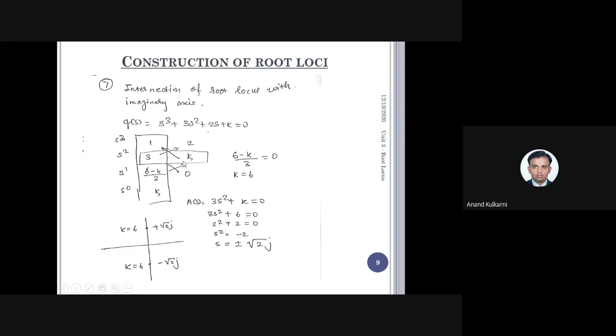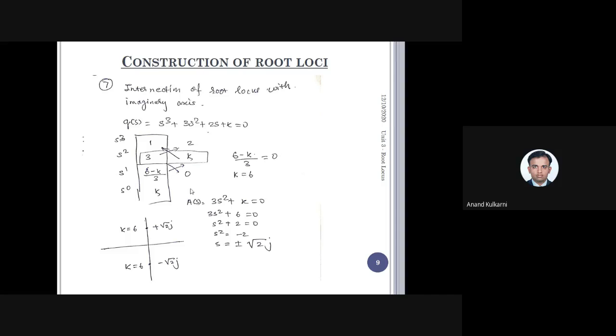In the second row, the coefficient of s square is 3, and the coefficient of s to the power 0 is k. Then simplify: 3 into 2, 6 minus k, divided by 3. The next term is 0. Next, (6 minus k) divided by 3 into k, minus 0, divided by this, is k itself.